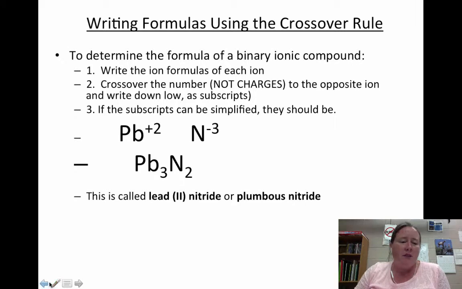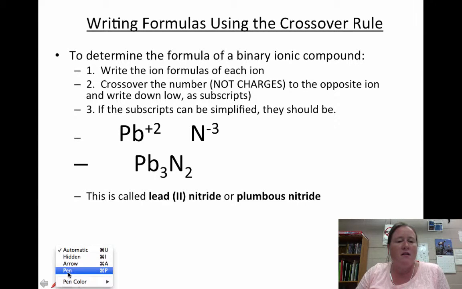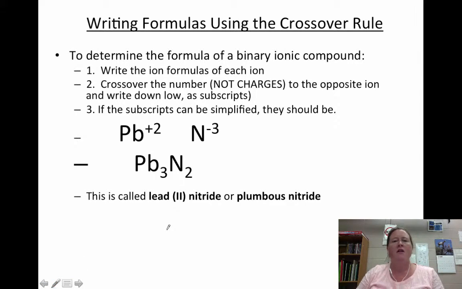To write formulas for ionic compounds, we use something called the crossover rule. So to determine the formula of the binary ionic compound, the first thing that we do is we write the formulas of each of the ions.